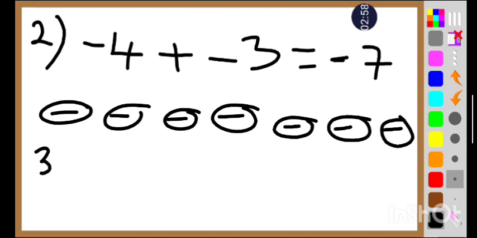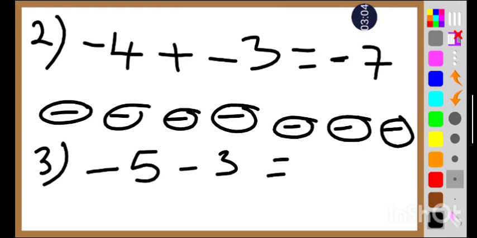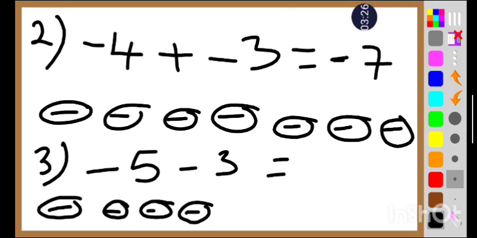Now the third example, let's say negative 5 minus 3. It is the same as negative 5 plus negative 3. If you want to use concrete objects, red objects for negative, negative 5 means 5 negatives here.